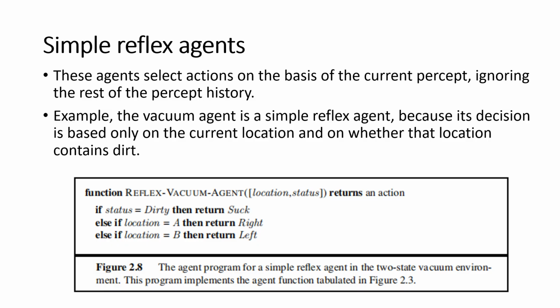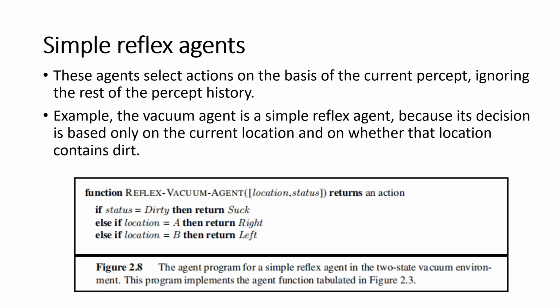Whether there is dirt or not. If there is dirt, it will suck. Otherwise, it will check the location, and according to the location it will decide whether it has to move left or right. So here we can see the program, reflex vacuum agent. Its inputs are location and status, and it returns an action.